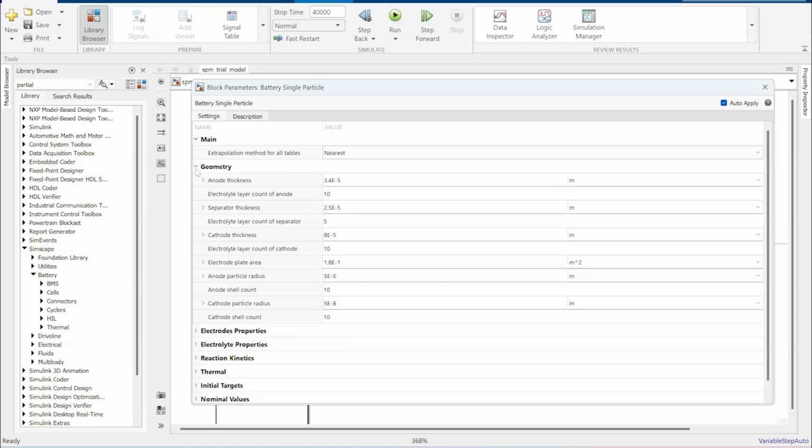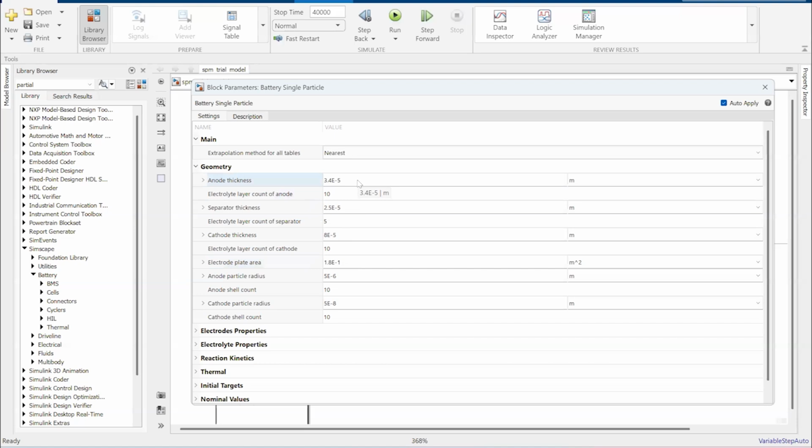We begin with the geometry. Here you can define what kind of thickness you want for your anode and cathode, your separator and your electrolyte, and what kind of geometry in terms of area you can have. All these constants are pre-entered, and you can enter them as per your definitions or your requirements.